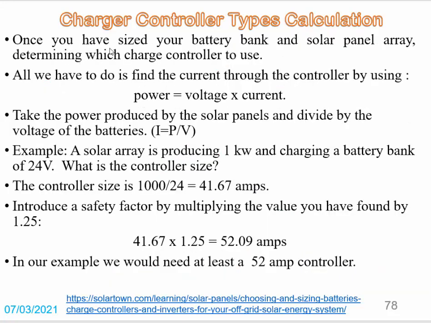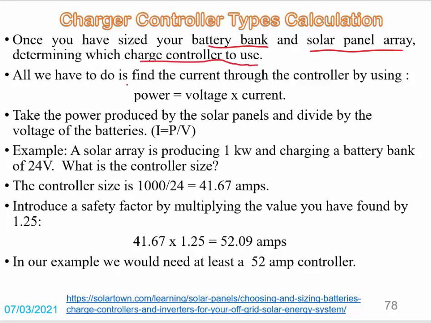So how to size the charger controller? What size do we need? Once you have sized your battery bank and solar panel array, and I'm going to explain these 2 points in the next lessons, determine which charger controller to use.